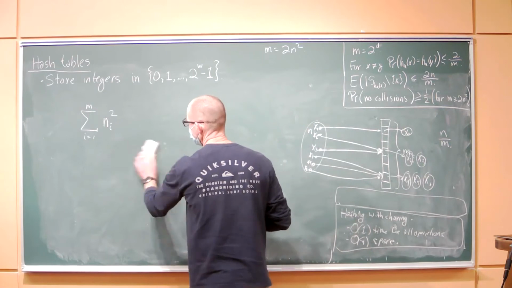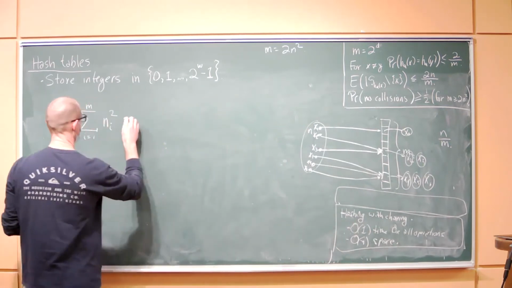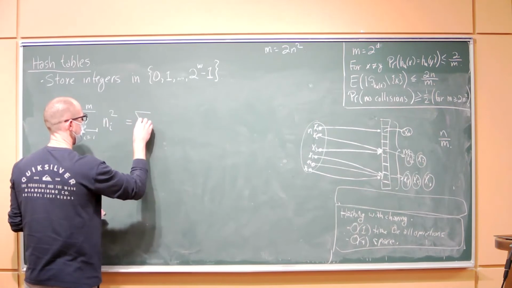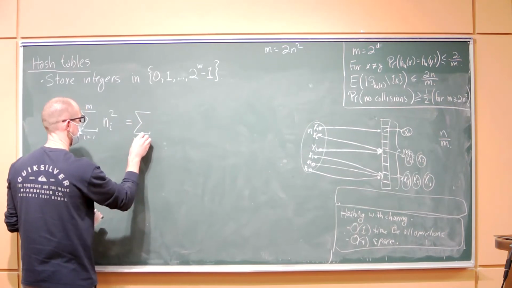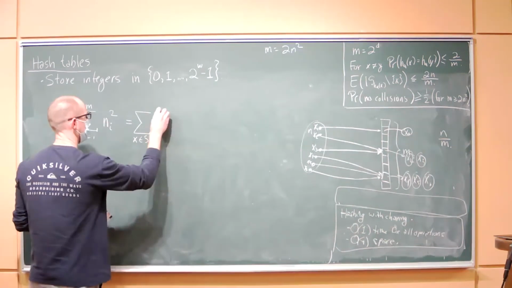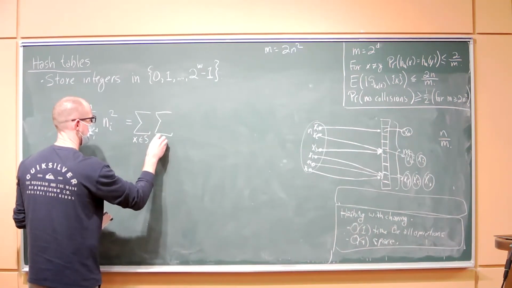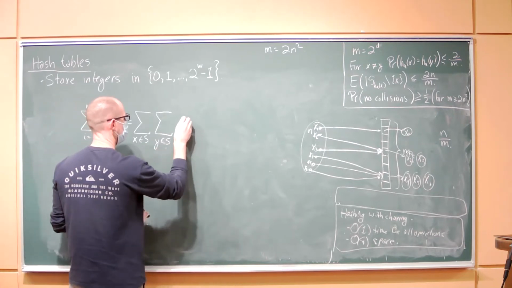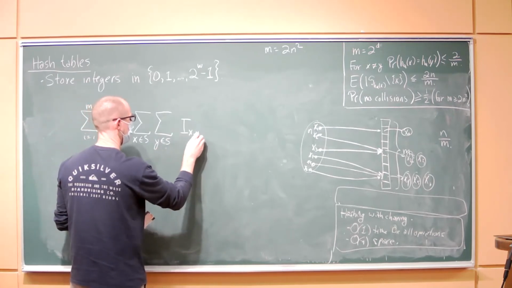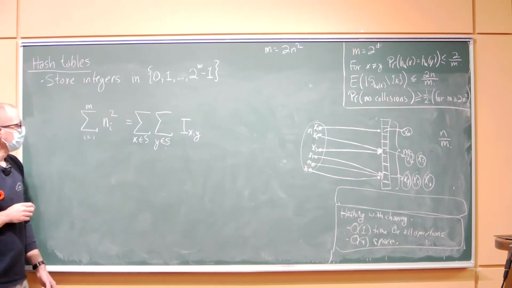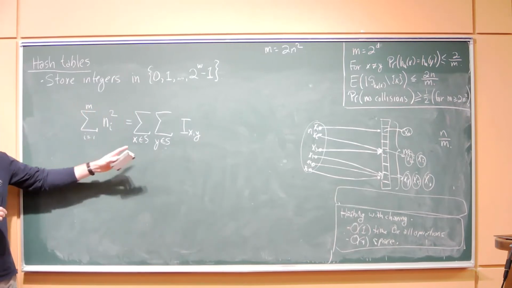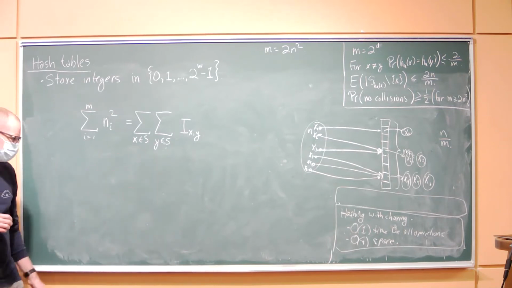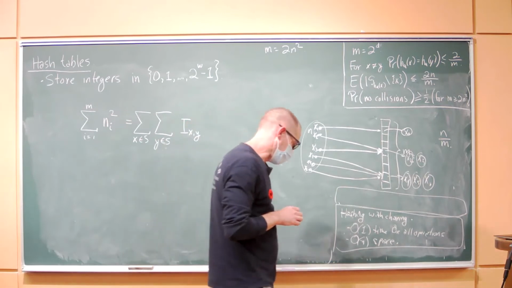One way to do this is to rewrite it in a different way. So I claim that this sum is equal to this sum. Why is that?